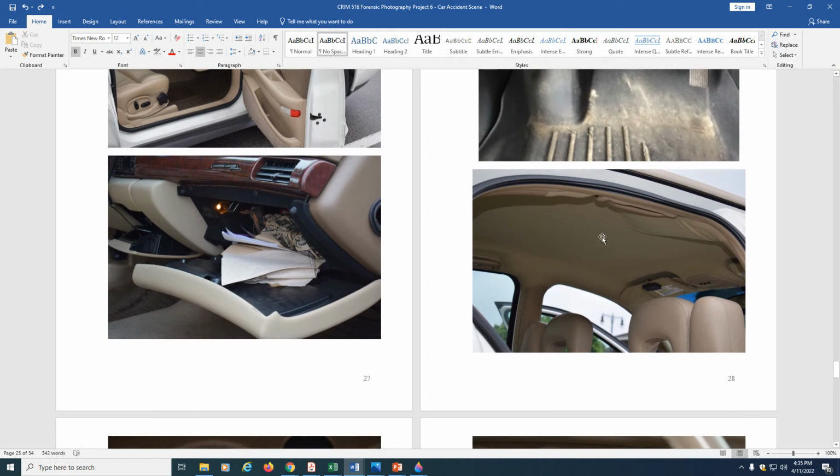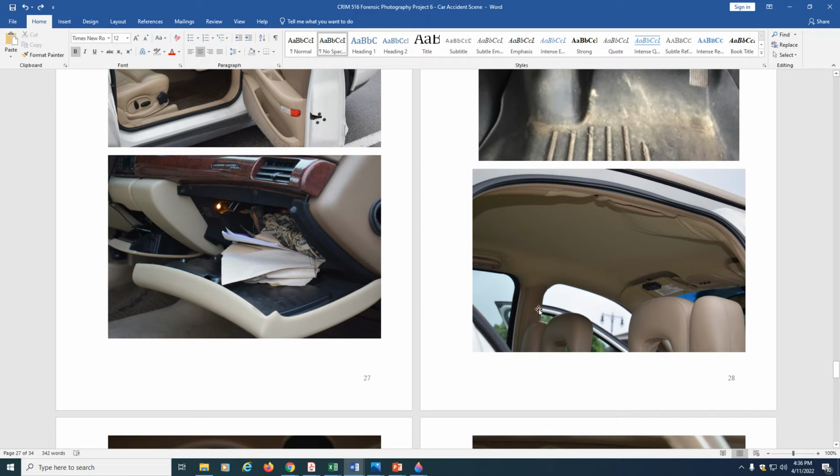Okay, top of the vehicle, just to see what kind of condition it was in. Also, if it happens to be involved with a crash, for example, sometimes you'll have some evidence up here, whether it be, you may end up seeing blood and stuff like that up in the roof, the top of your interior.